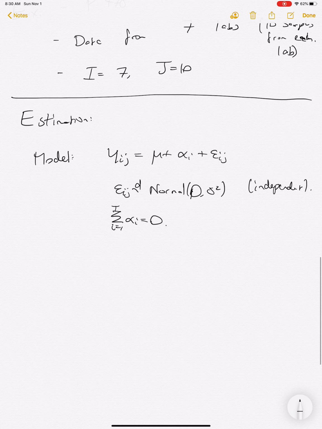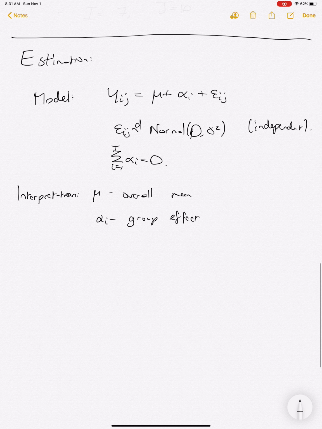Always keep in mind the interpretation: mu is an overall mean, and alpha i is the group effect. Another way to think about it is that if we let mu_i equal mu plus alpha i, then mu_i is the mean of group i.